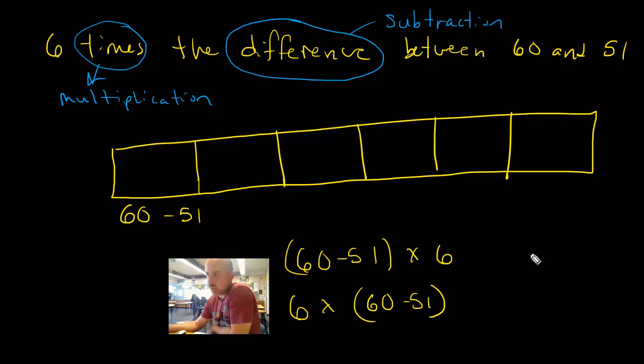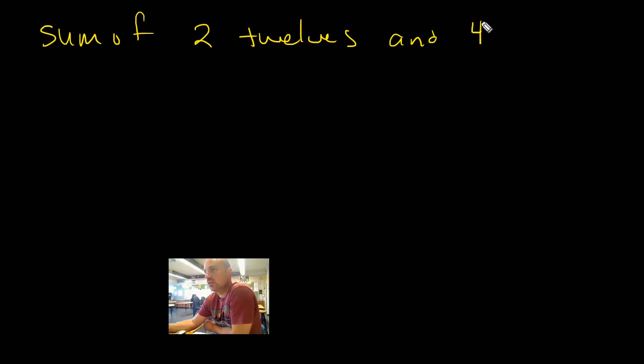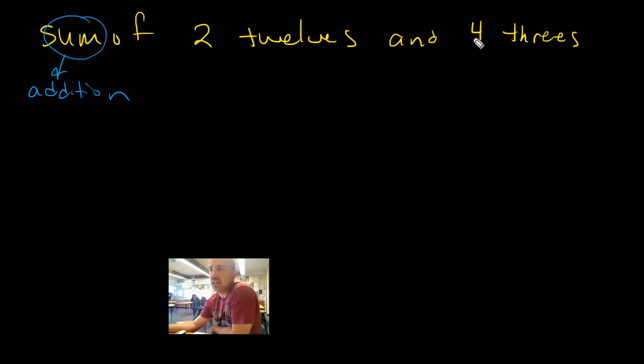So let's try one more here. I'm going to write something here. I have the sum of 2 12s and 4 3s. And once again, I see this sum, and that sum is telling me addition. I don't see any other processes, but I know that there are other processes, because if I have 4 3s, that's telling me I have 4 groups of 3.